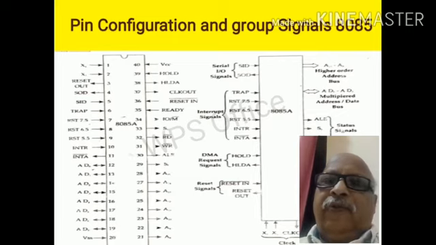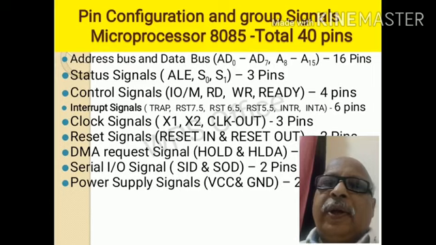So what are the different functions of the pins? The different pin group signals of 8085 are shown. In the pin configuration and group signals of microprocessor 8085, there are 40 pins. Out of that, 16 pins are for the address and data bus.